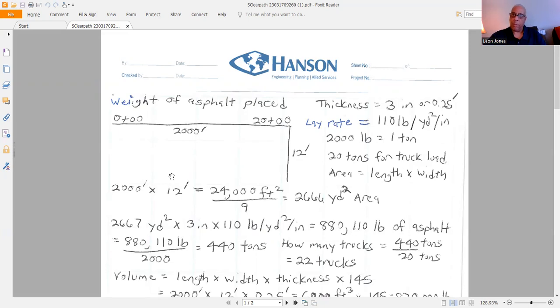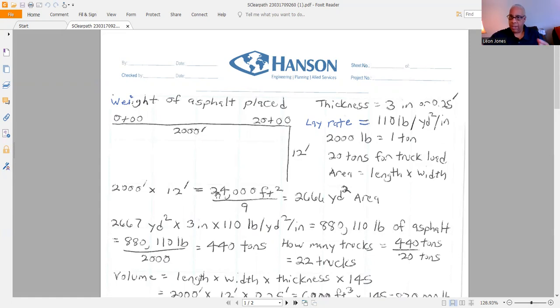Now, with all that being said, let's calculate the weight. I took the length, because I'm dealing with area, which is 2,000 feet, times the width, which is 12 feet. Came up with 24,000 square feet.